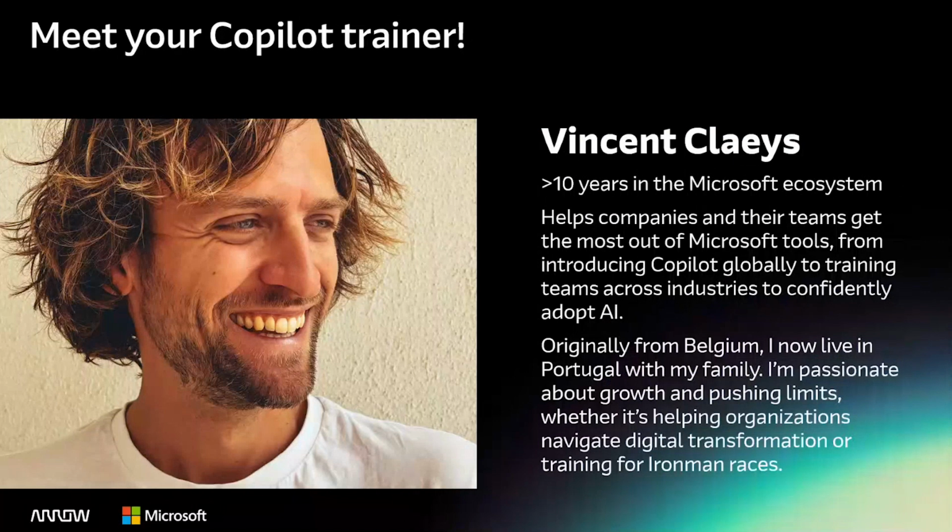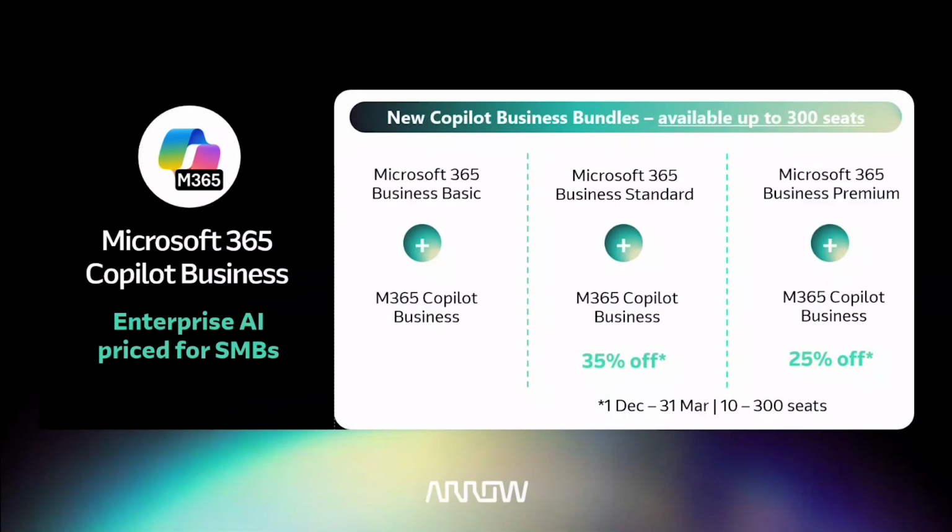Just before I end this session, there are some things I do want to still show you. Hold on, let me switch my screen here. First of all, the reason why we started with a webinar on SMB cases is because Microsoft recently created a new version of Copilot on the market. It's Copilot Business.